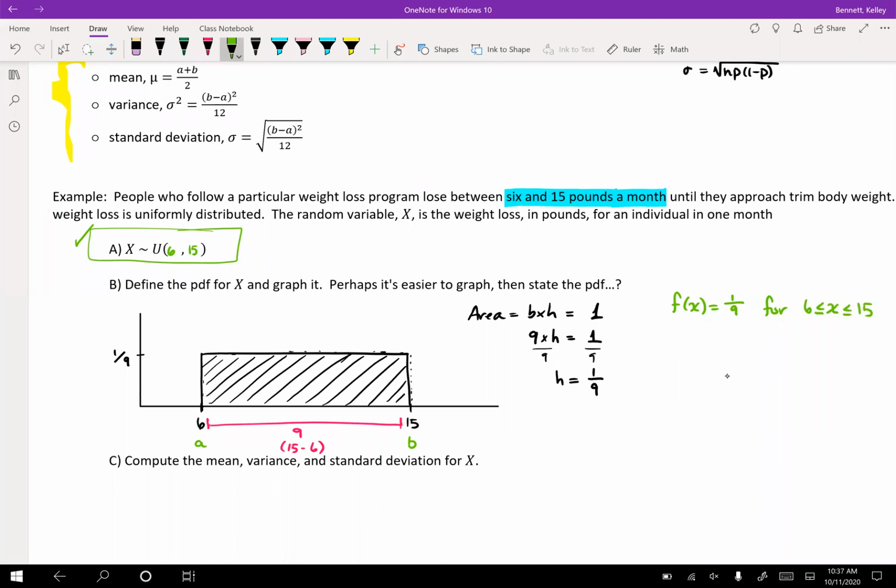And it's always 0 otherwise. So again, what that means is that whenever I'm between 6 and 15, I've got this rectangular block above me that's giving me a probability. Whenever I'm outside that, I'm a flat line over here. And we know that because probability is given by height, this flat line on the axis itself has 0 height, therefore 0 probability. So that's where I'm writing f of x equals 0.